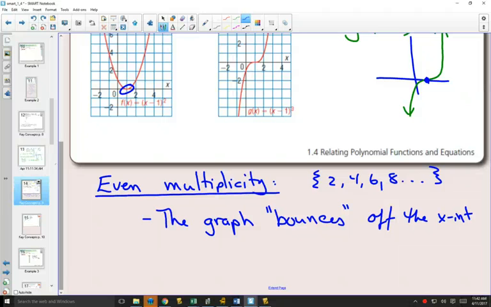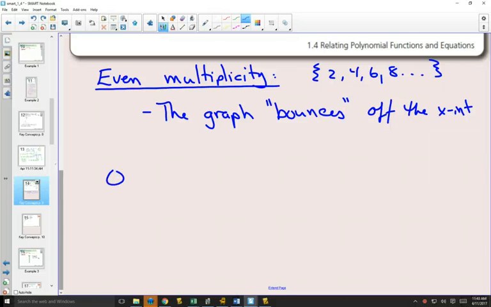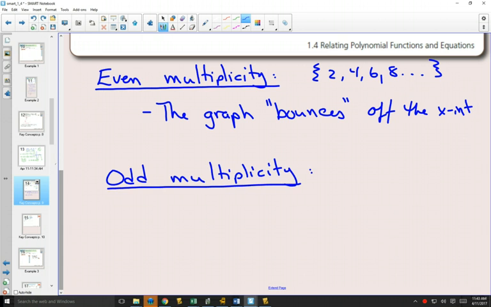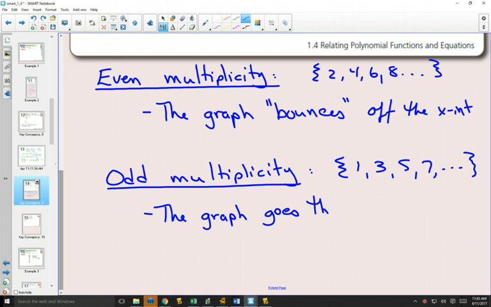Now when we have an odd multiplicity, so that is any number like 1, 3, 5, 7, and so on. Anytime we have an odd multiplicity, the graph will go through the x-axis.